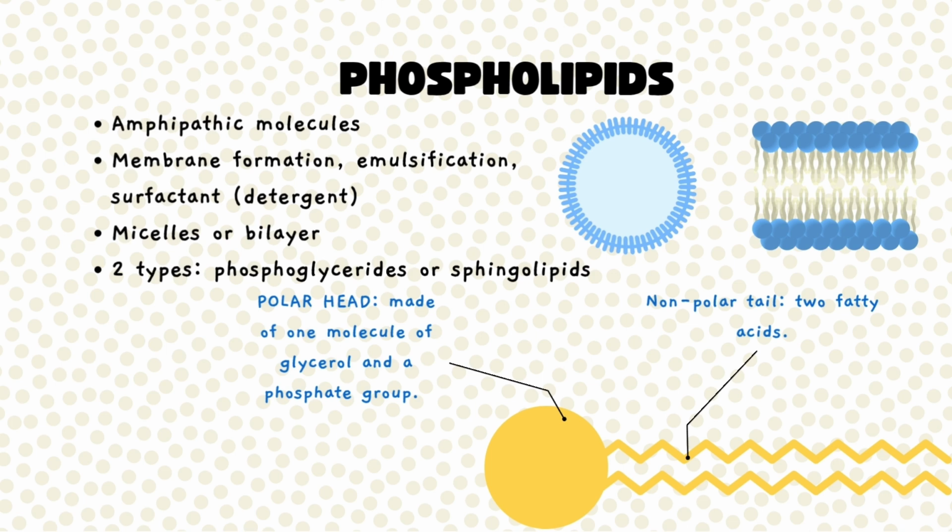And the simplest phosphoglyceride is phosphatidic acid. And phosphatidic acid has derivatives. So the derivatives come about when different groups are esterified to the phosphate. Sphingolipids are when sphingosine can bind to one fatty acid, which makes it a ceramide. And when a ceramide has a phosphate, it's called a sphingomyelin.